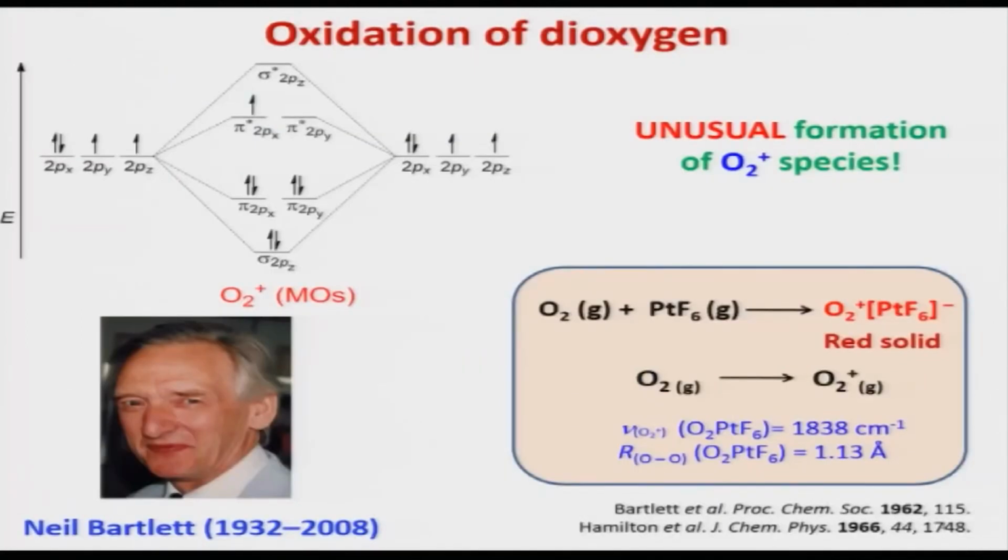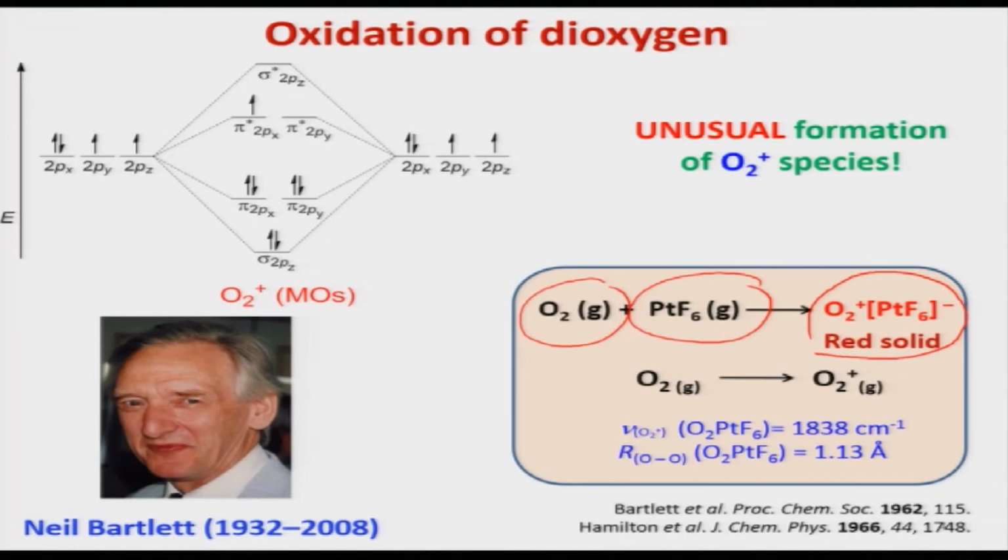We all talk about reduction, but this oxidation of dioxygen, as you can see, was achieved by Neil Bartlett long back. He took gaseous oxygen O2 and PtF6, also a gas, and once they combine it forms a red solid, O2PtF6, where O2 is converted to O2 plus.